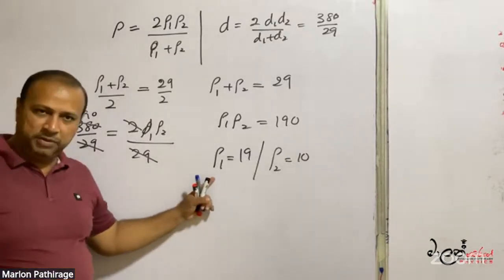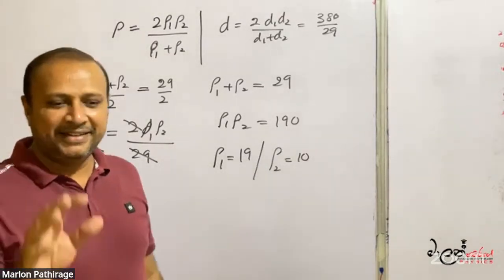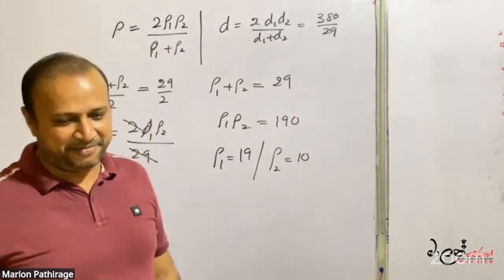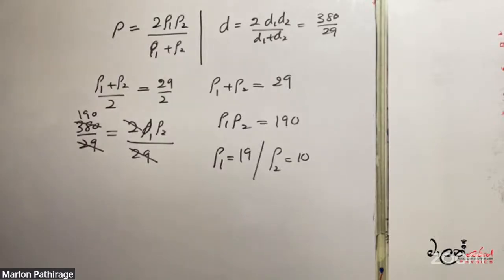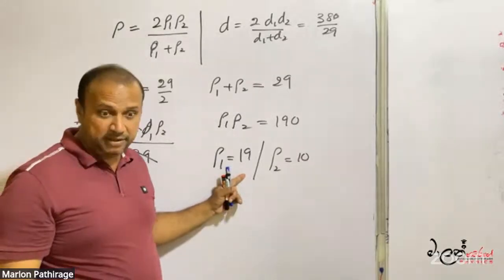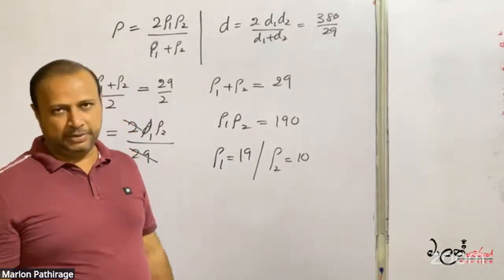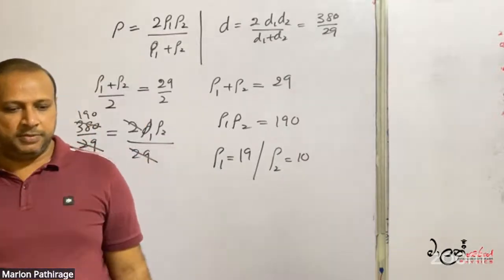Therefore, this one should be gold, this one should be silver. Is that clear? If you got my calculation, please raise the hand. But remember, this one should be in gram per cubic centimeter.